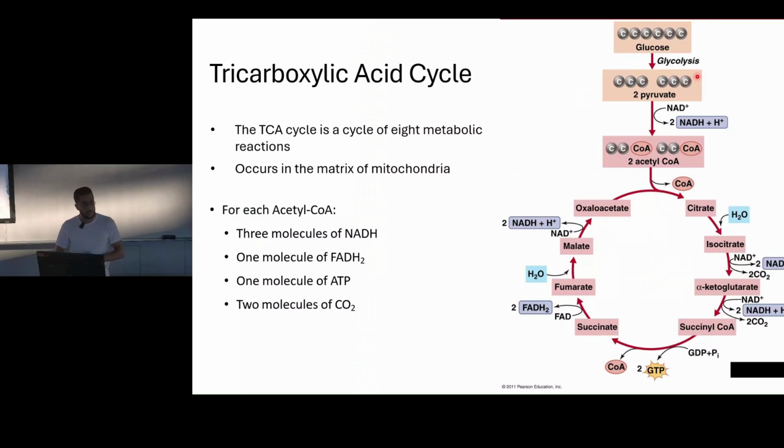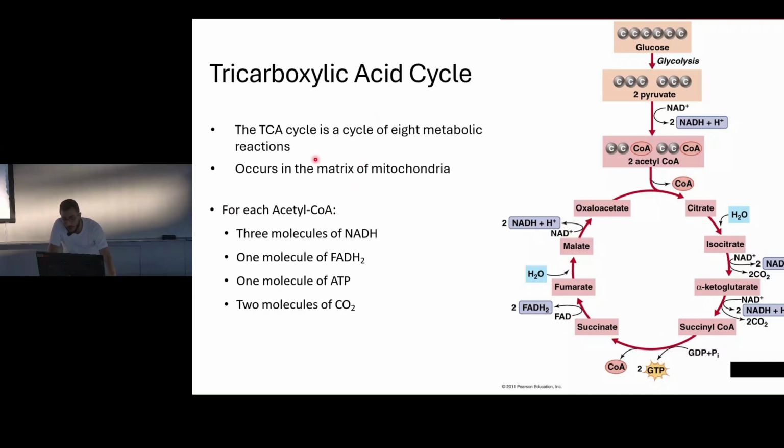TCA cycle. So the TCA cycle is where you have the two acetyl-CoA molecules that will enter this cycle of reactions, each using NAD plus producing NADH, or FAD plus producing FADH2 to produce energy, okay? So the TCA cycle has 8 reactions.